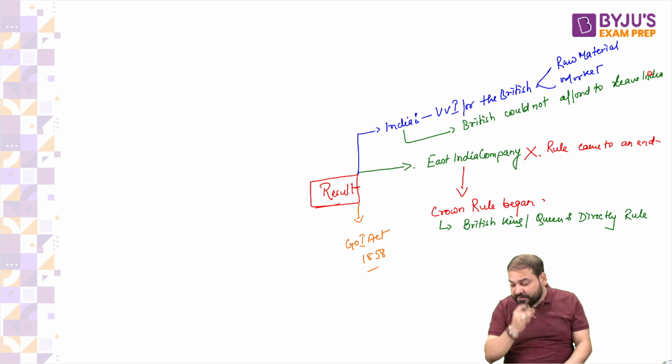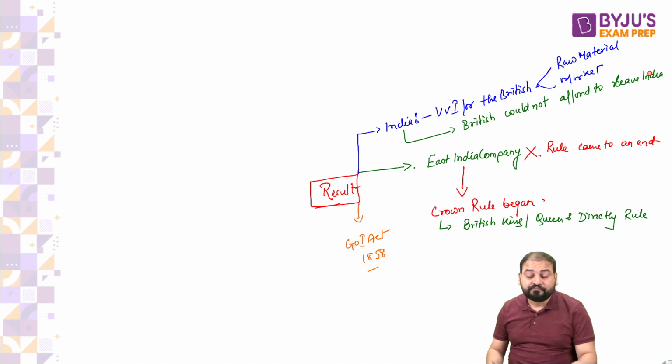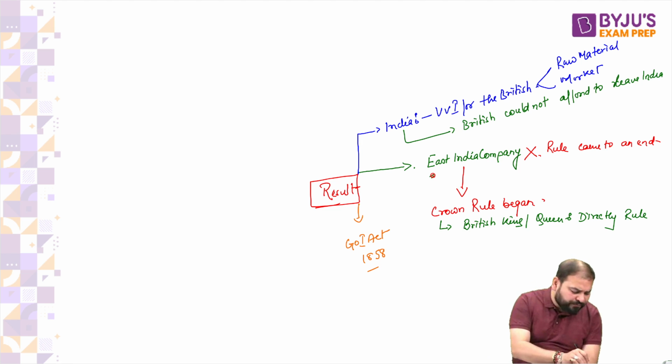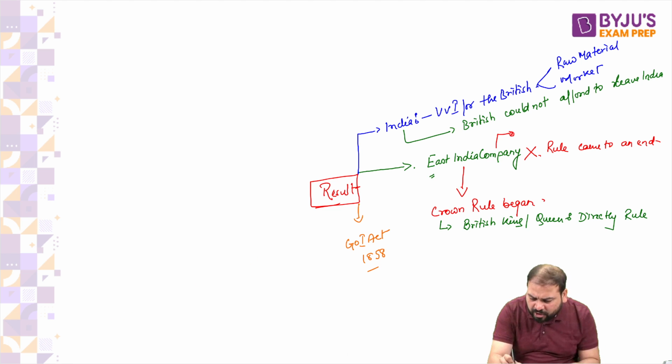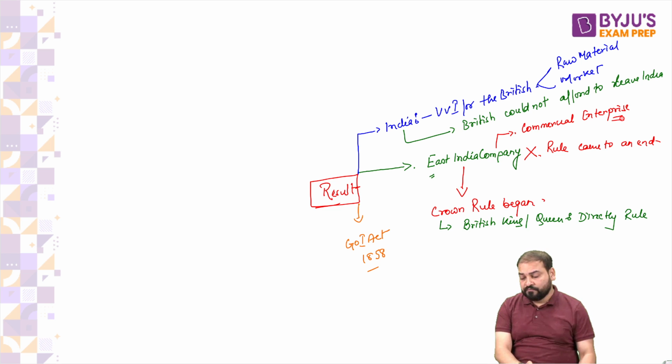They needed India very clearly. They could not lose India. That is why, from East India Company, they felt that ultimately it is a commercial enterprise. It cannot be in a position to rule. They cannot rule here. Am I clear?